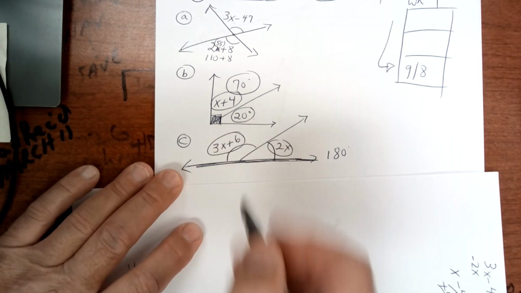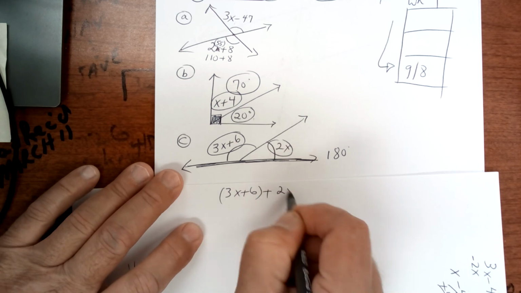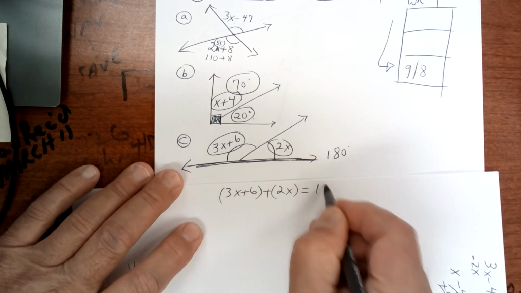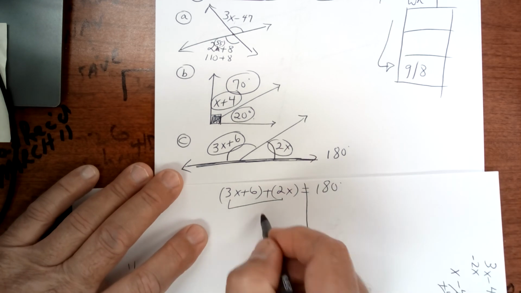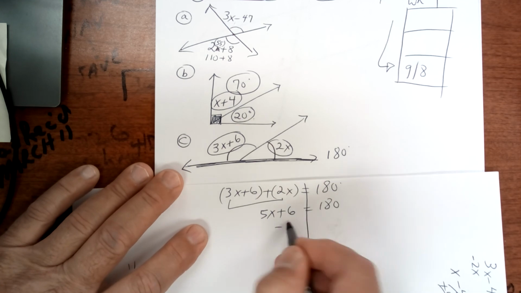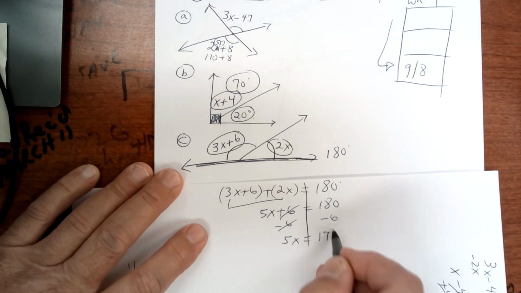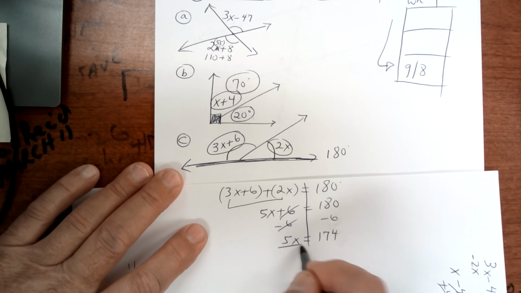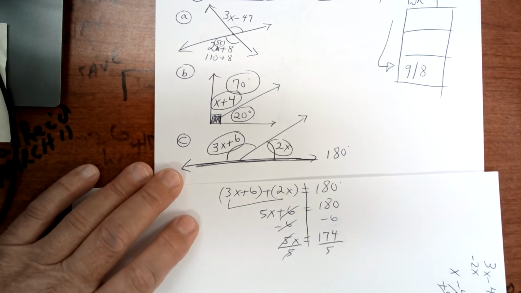So you're going to take 3x plus 6 plus 2x is equal to supplementary 180. This gives me 5x plus 6 is equal to 180. Now I'm going to subtract 6 from both sides, so I get 5x is equal to whatever that is. I think it's 174. And then I'm going to divide by 5 and use your calculator, and you got what x is. And then you got to plug it back in.